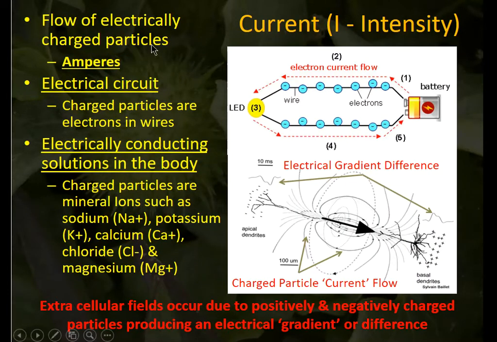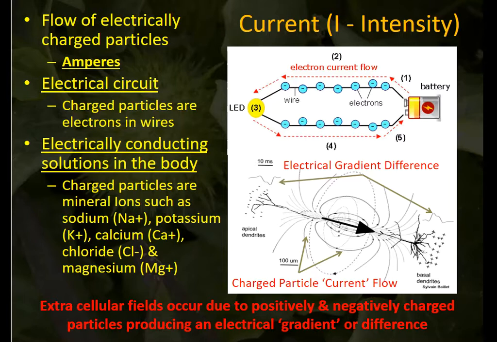Now, that flow of electrically charged particles is measured in amperes, and we're measuring the current. And if we go back to our waterfall analogy, depending on the amount of water available to the waterfall, if we have a higher waterfall, we're going to have more current flowing.